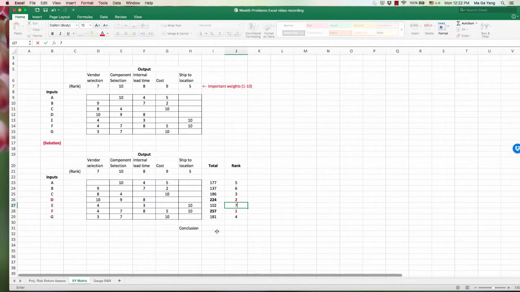So your conclusion would be input D and F are the most important inputs, and they need to be studied closely.